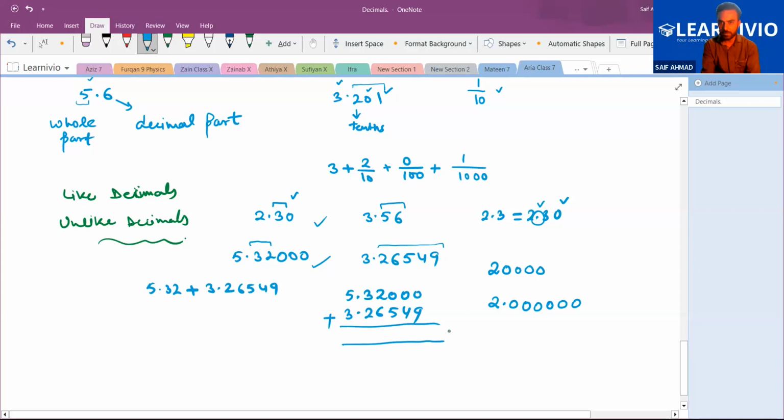Now we can add. That's why we are making like decimals. After that, we do normal addition. You can put the decimal here. 9, 4, 5, 4, 5, plus 2, 8, 3, plus 2, 5, 5, plus 3, 8. Understood?